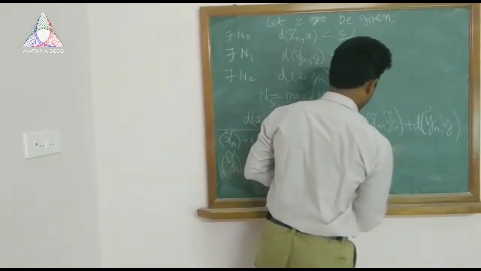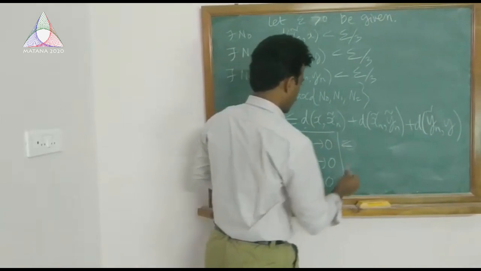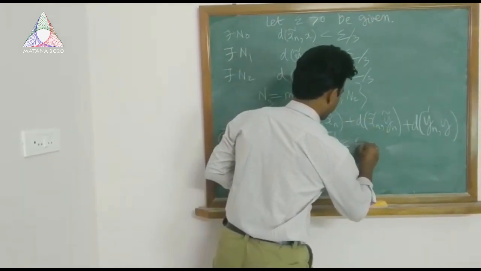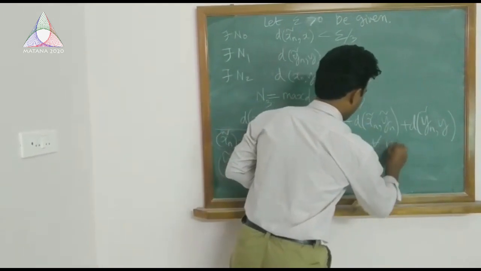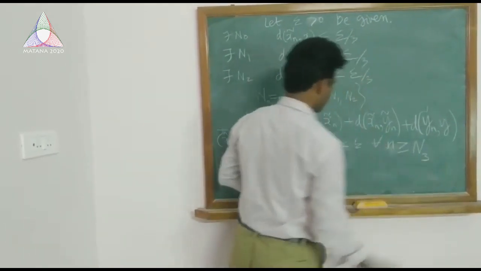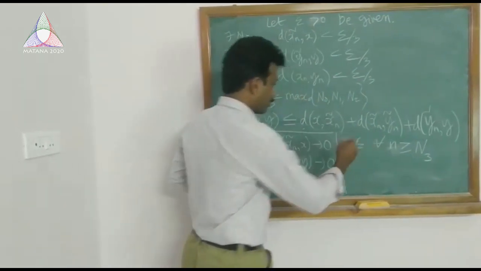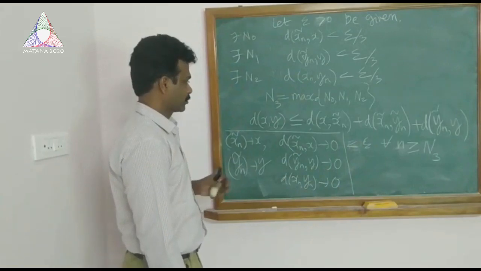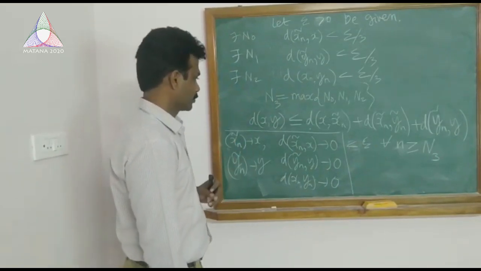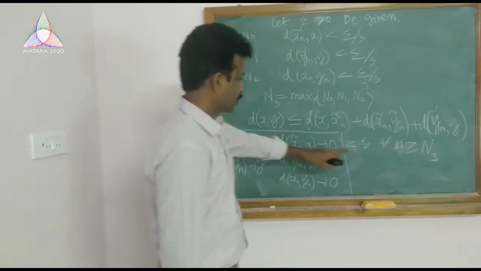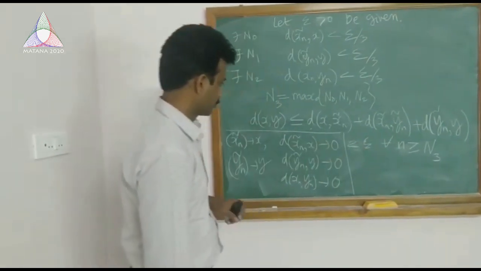Therefore we can make the entire inequality less than epsilon for all n greater than or equal to n3. Remember, the left side is not depending on n, it is independent of n. But this relation is true for any epsilon greater than 0.